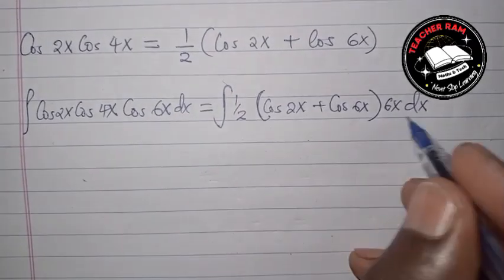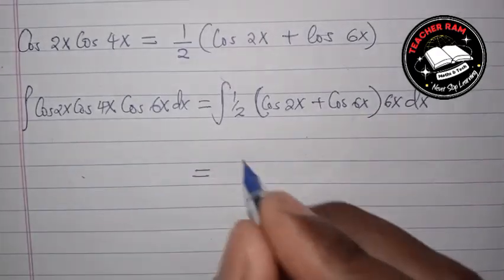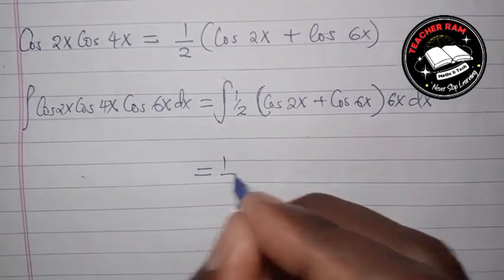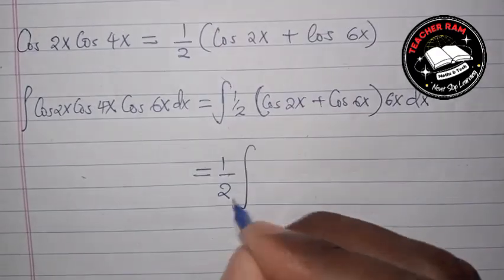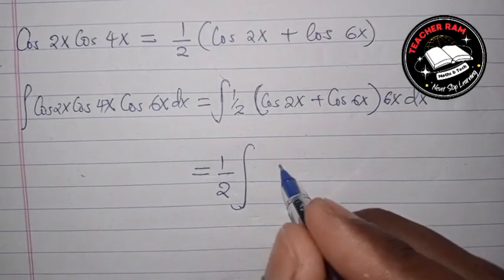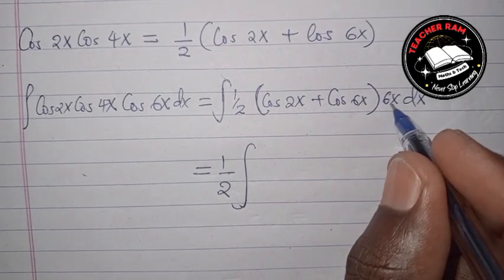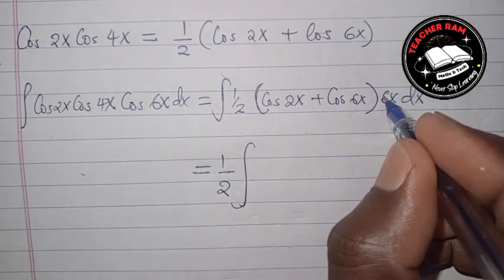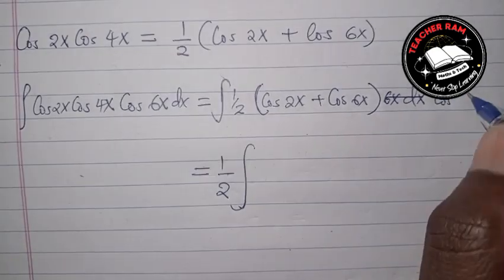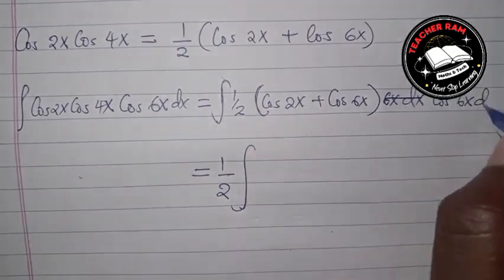So let us open a bracket with this cosine of 6x. Here we have 1/2, this is constant, taking it out, so here integral of, sorry, here it is cosine of 6x dx.